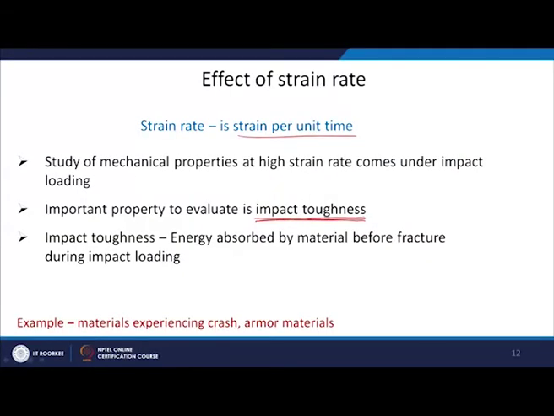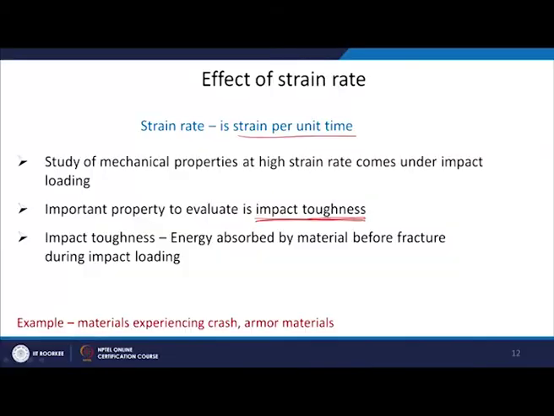Basically, we want to know how much energy is absorbed by the material during the impact. For example, in automobiles, as I told you, this is a very important property for a material to have, that is, how much energy it is going to absorb during the impact, because that is what is going to save the occupant of that particular car or automobile.